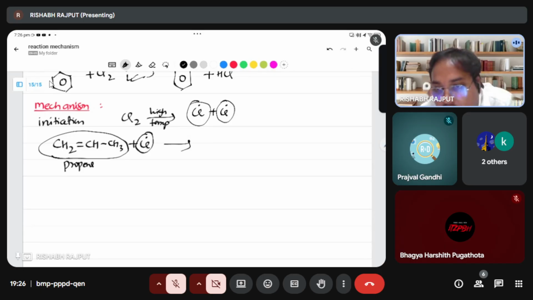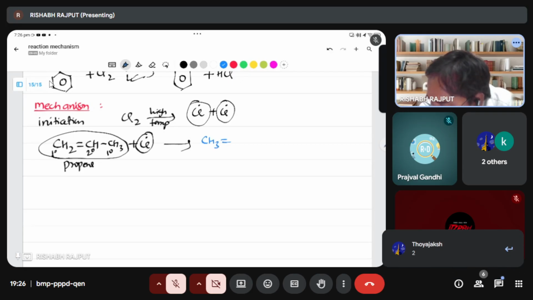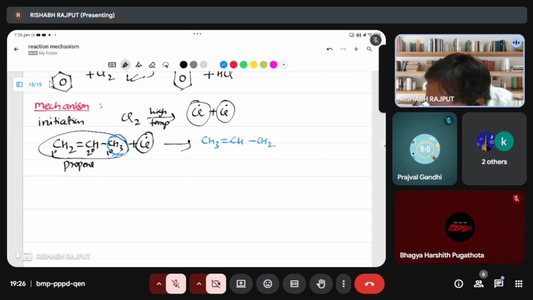So which hydrogen can you give here? This is 2 degree, this is 1 degree. If you take the hydrogen from this carbon, the hydrogen will go as a free hydrogen.